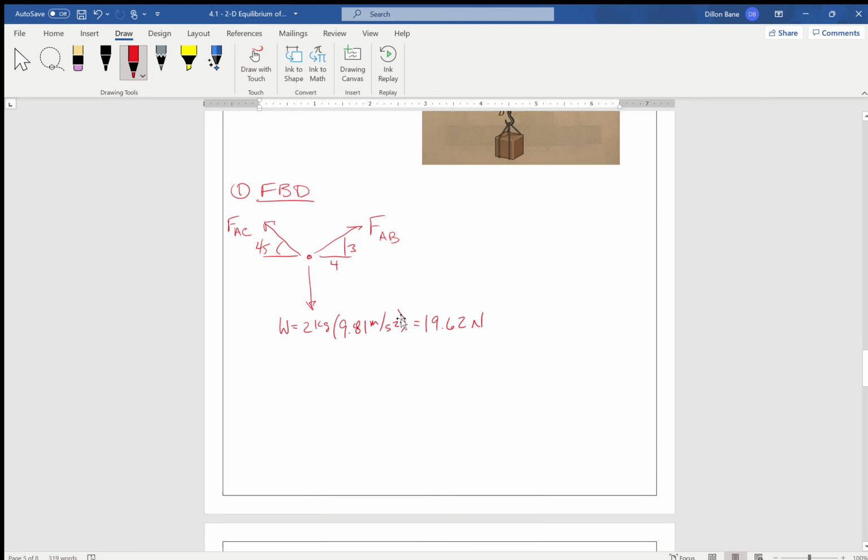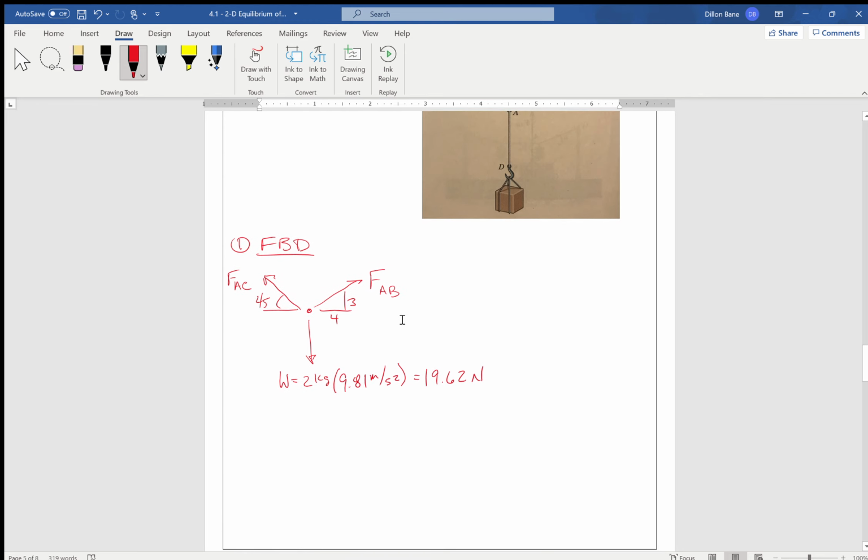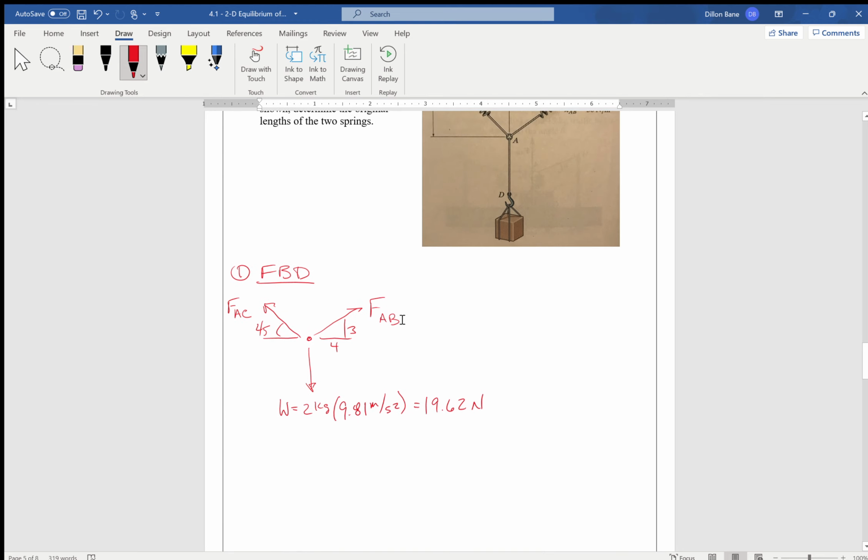So next we need to apply our equations of equilibrium, EOE, to our free body diagram.